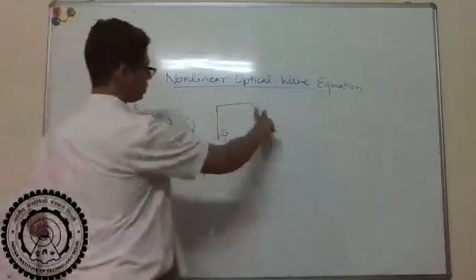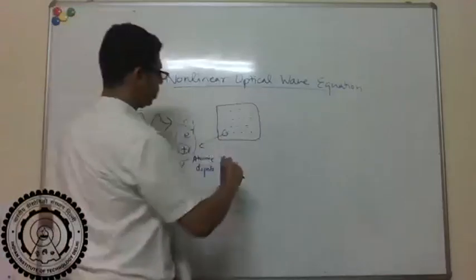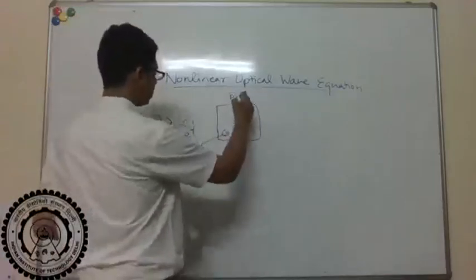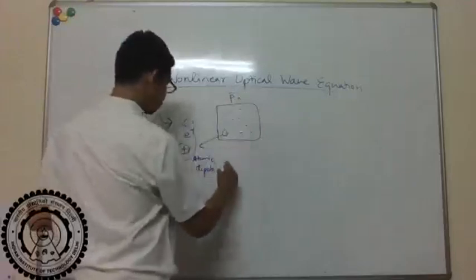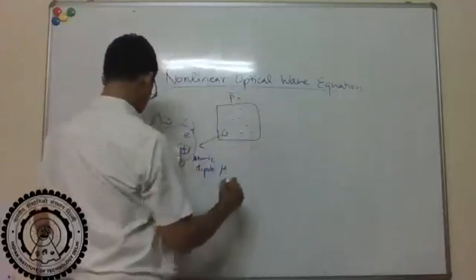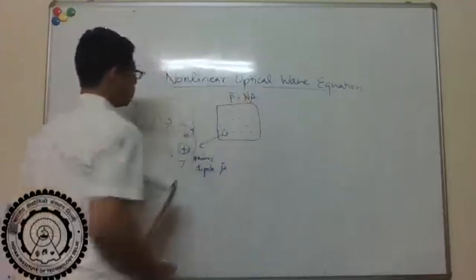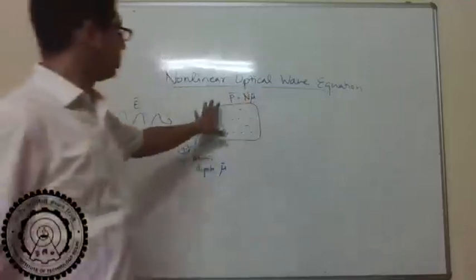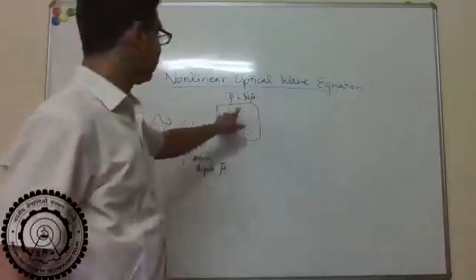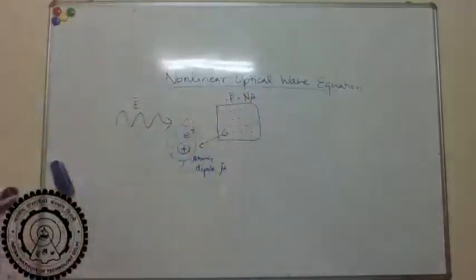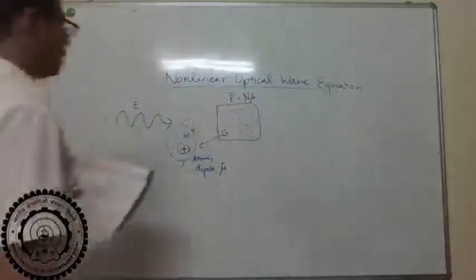And then if you look at the material as a whole, the atomic moment, which I could denote for example as mu, the dipole moment per unit volume in the macroscopic medium is denoted by this capital P, polarization, right?